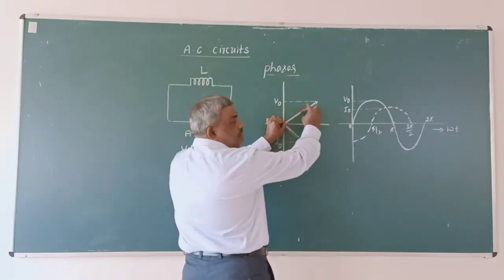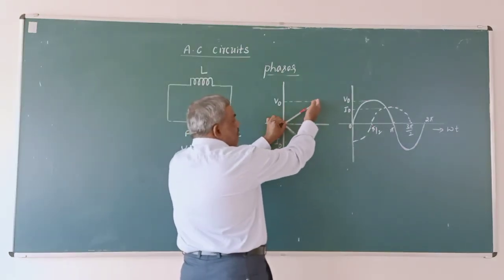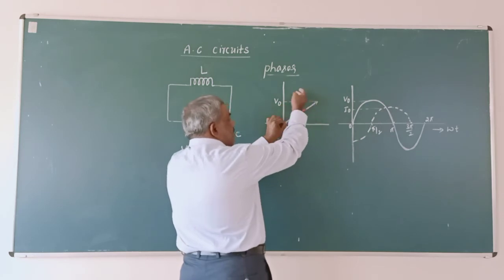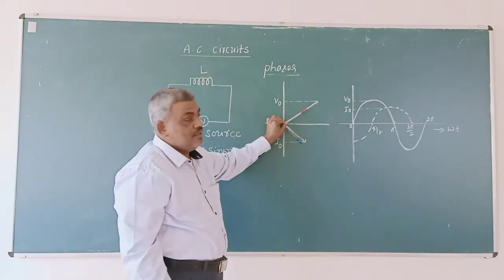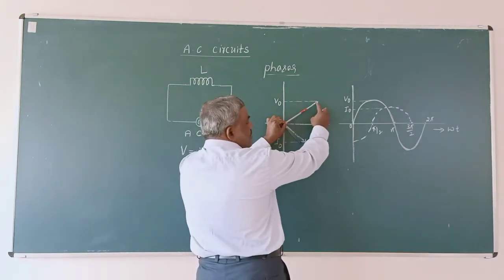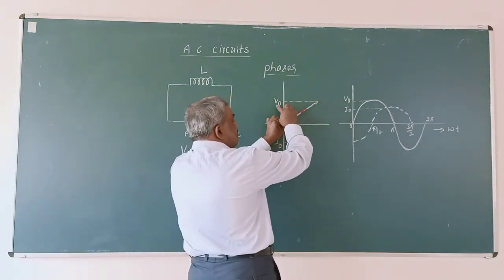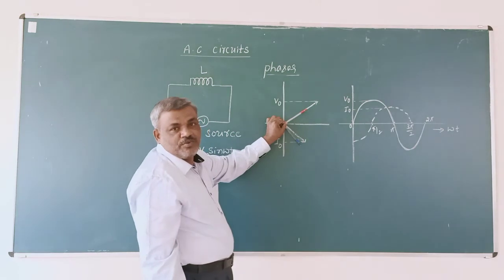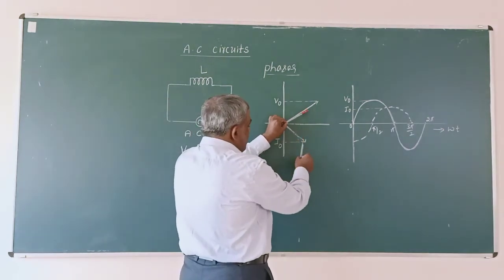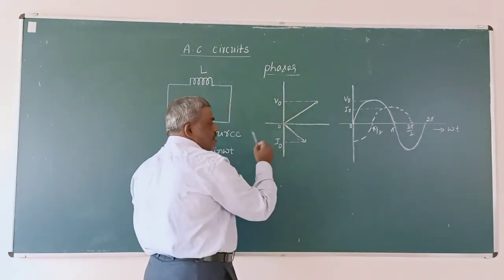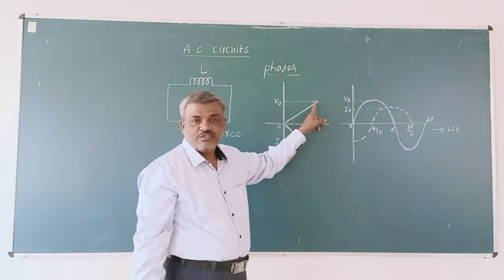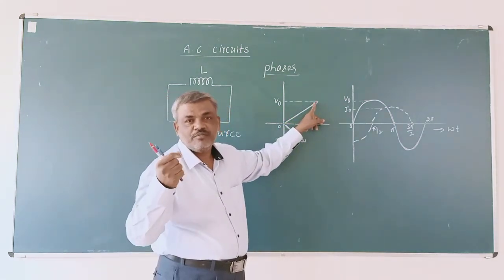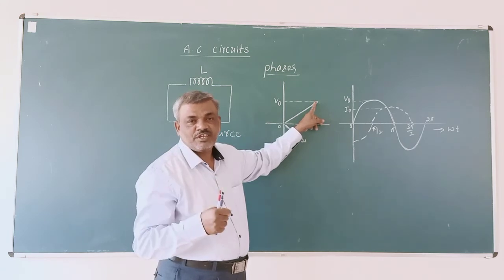Now the phasor. A phasor is a vector rotating about the origin in an anti-clockwise direction with a constant angular speed. The magnitude of the phasor represents the peak value, so the peak voltage. Here the magnitude of the phasor represents the current I0. Now, how does voltage vary with time in alternating current circuits?